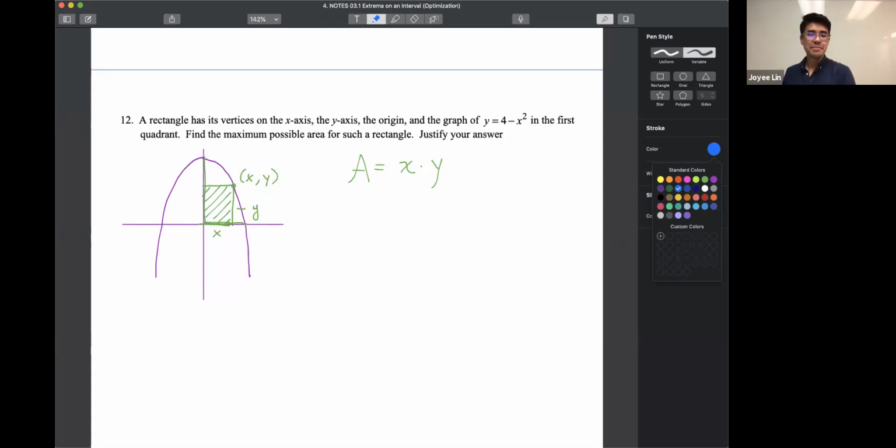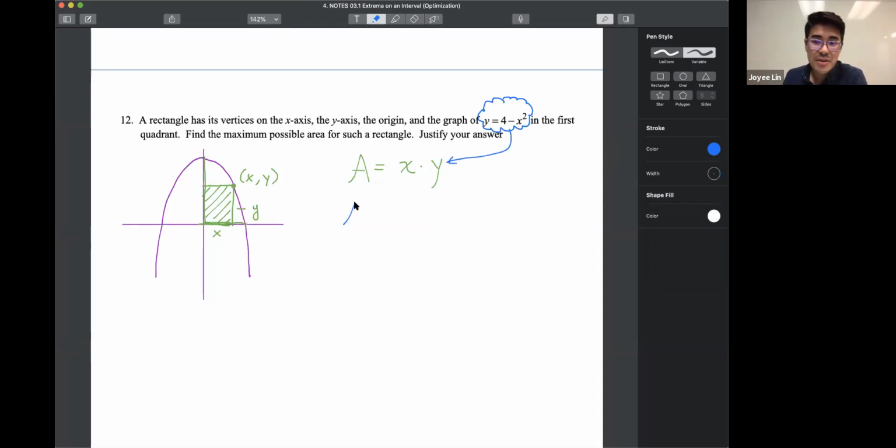Anybody? When they give you the equation of the graph, you can just use that as your secondary equation to plug in. Right, so now A with respect to x can just be written as x times 4 minus x squared.